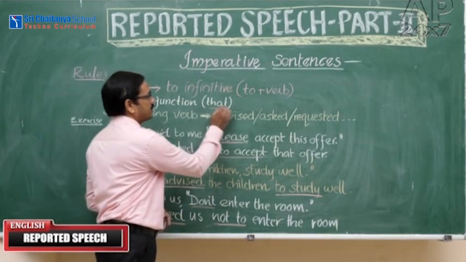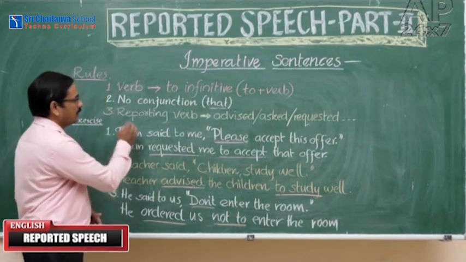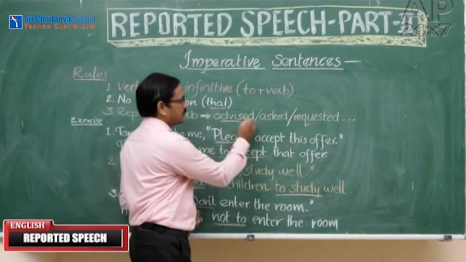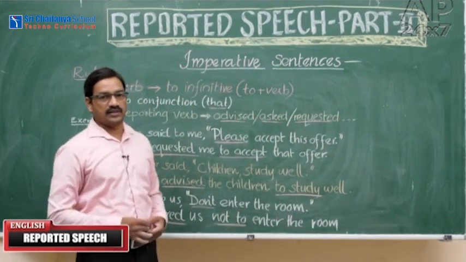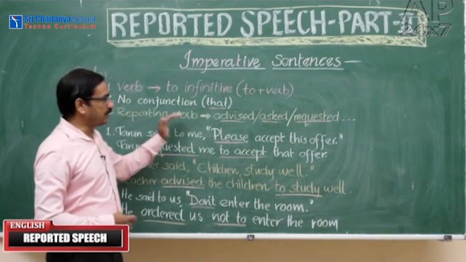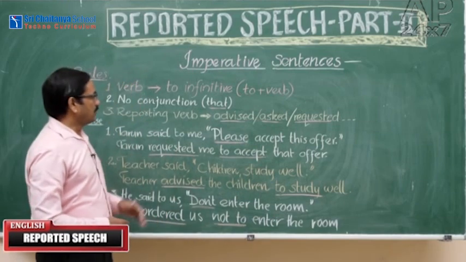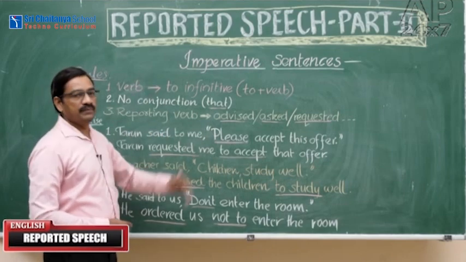There is no that in the indirect speech. Again, the reporting verb we are going to change into advised, asked, requested, ordered, commanded, etc. There is no that in the indirect form, and the verb is going to become to infinitive.